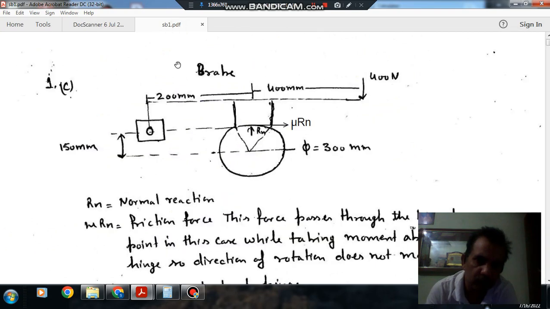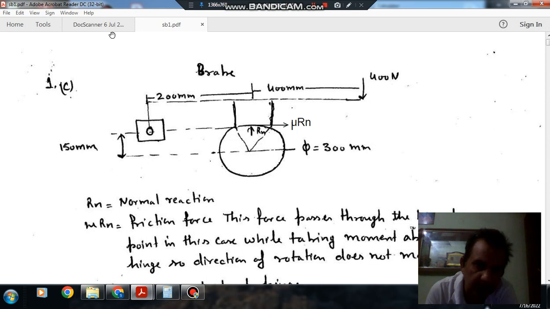So this is your schematic figure. As block and brake are in contact at this point, Rn is the normal reaction on the brake shoe.